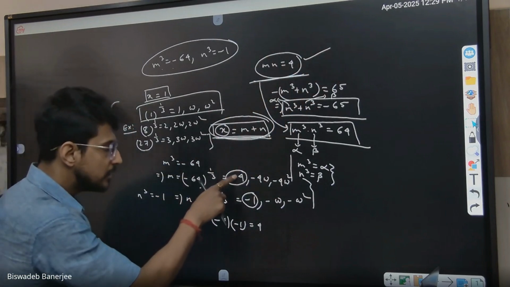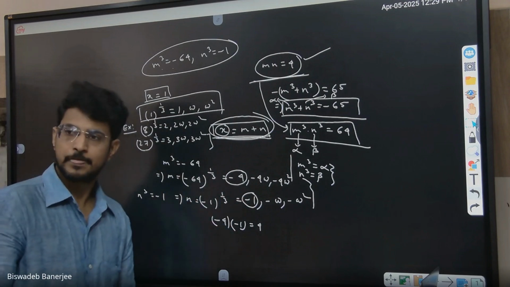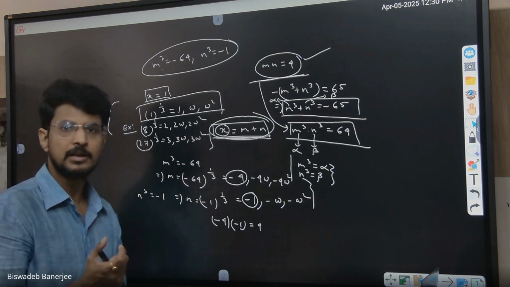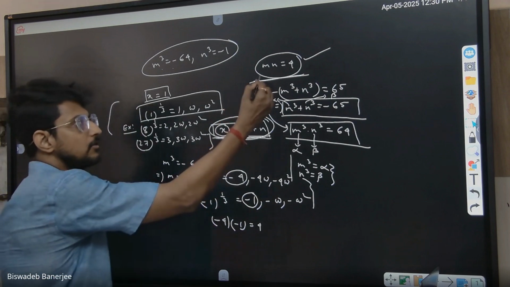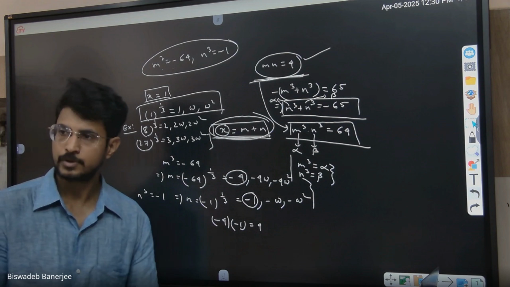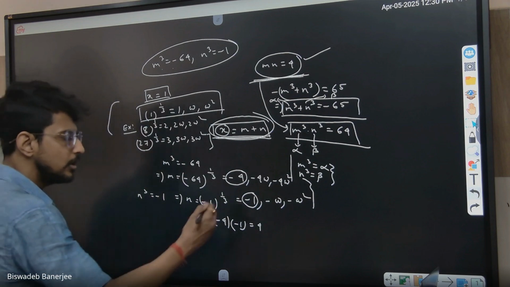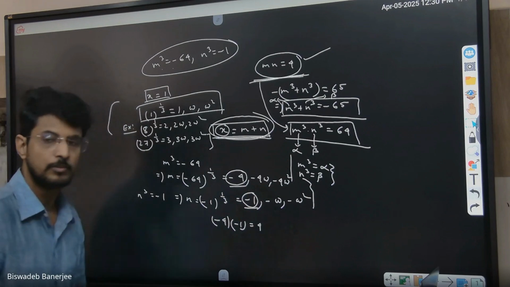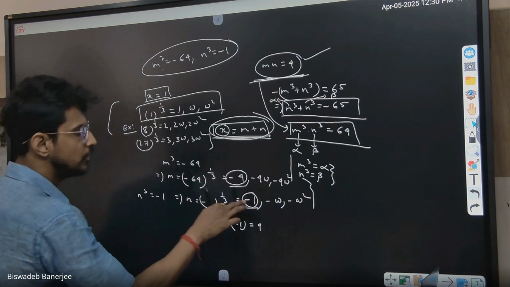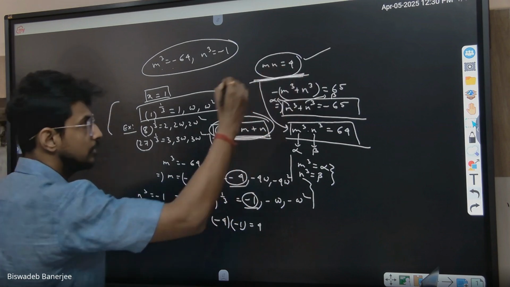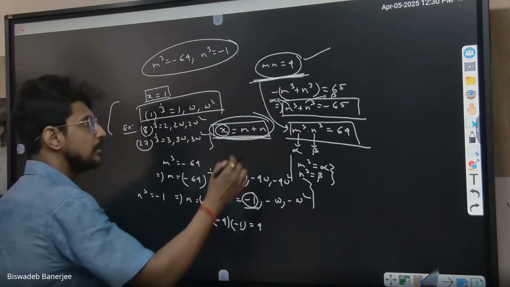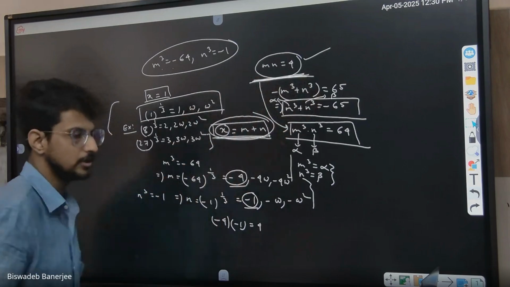So we have to add minus 4 with minus 1. I again repeat, you have to add m and n such that this condition is satisfied: m into n is equal to 4. If we take m equal to minus 4 and n equal to minus 1, then multiplying minus 4 into minus 1 gives 4.